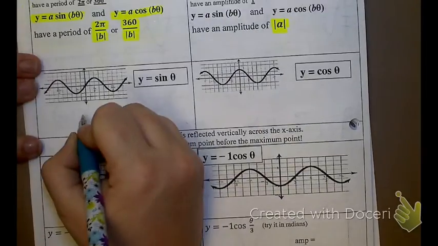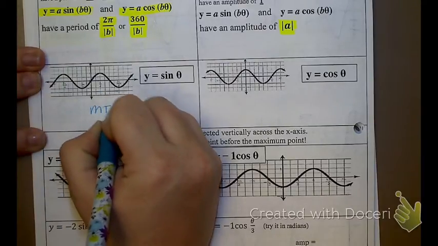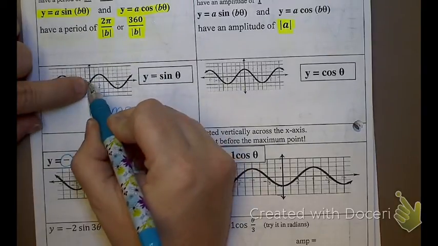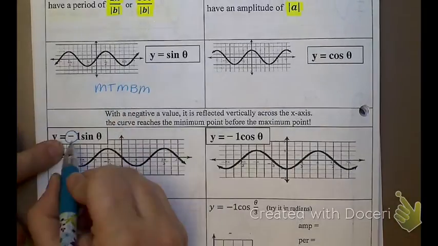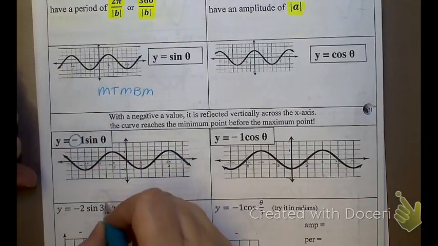Now if you were using this yesterday when I said middle, top, middle, bottom, middle as the pattern, that makes one full period. When your amplitude is negative, the tops become bottoms and the bottoms become tops.